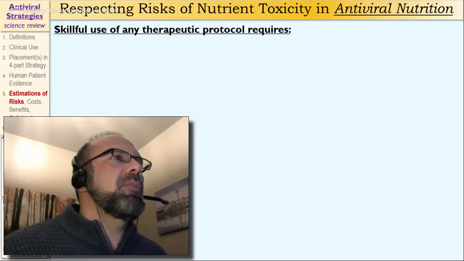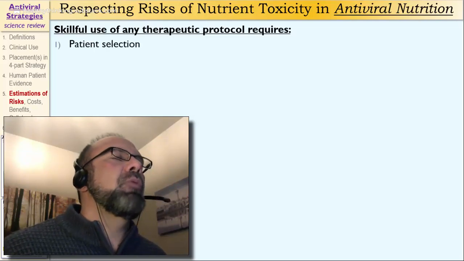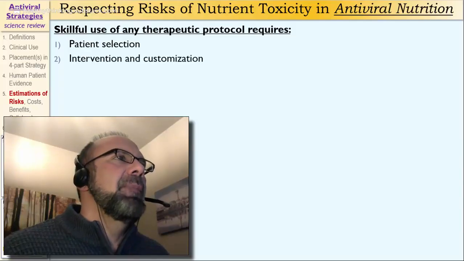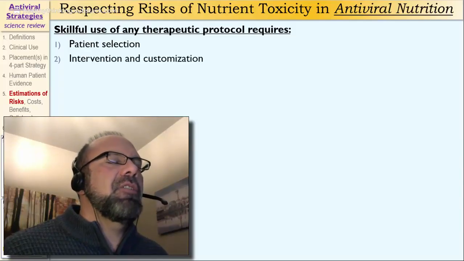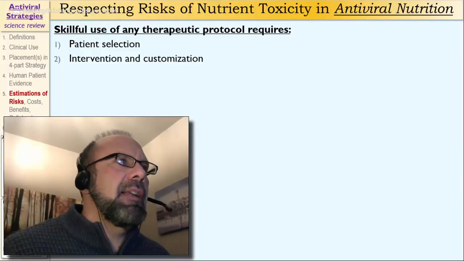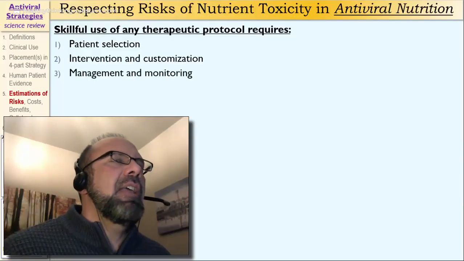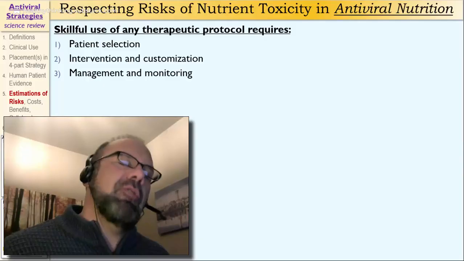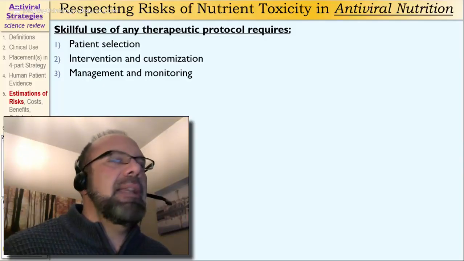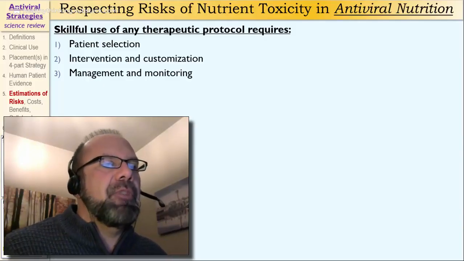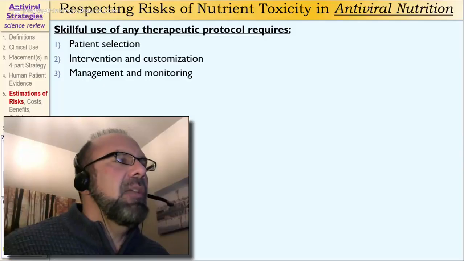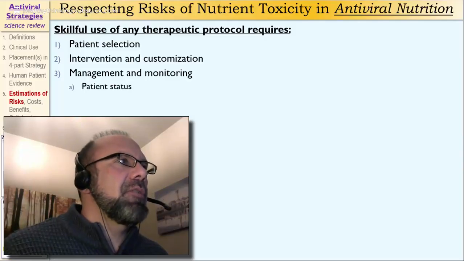Skillful use of any therapeutic protocol requires proper patient selection, intervention, and customization, so we don't just throw the same protocol at everyone. And after we prescribe the protocol, we have to manage it and monitor for efficacy or toxicity or whatever changes might occur in what we commonly call the clinical picture.